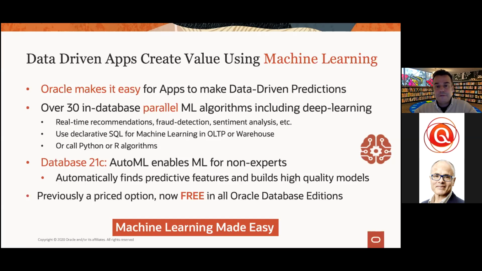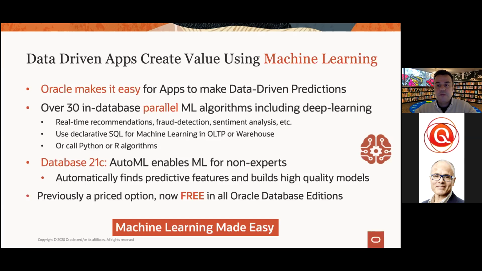And if until today it was a little bit more difficult, or let's say it required a little bit of experience when we needed to run machine learning on top of the data we had in Oracle database, with the latest generation of the database, Oracle Database 21, we have AutoML, automatic machine learning, which will give you the full capability of machine learning with no restriction and with no experience regarding data mining and machine learning algorithms.